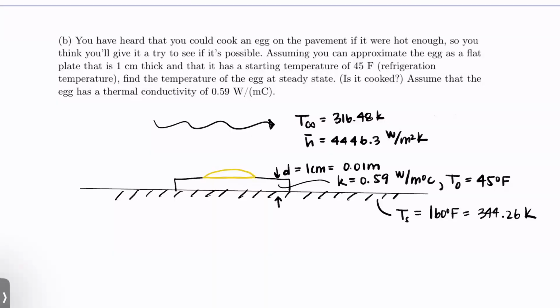Sound good so far? So this is kind of a blended problem in terms of all of the heat transfer units are going to come into play here. We want to find the temperature of the egg at steady state. So this is essentially a conduction problem with a convection boundary condition, which we kind of did in the conduction unit.